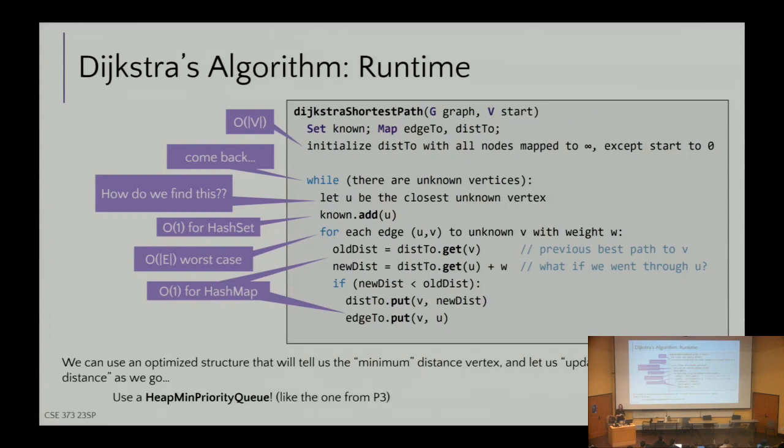Can anyone remember the runtime for remove min from a priority queue using a heap underneath? Yeah? O of 1. Ooh, so to get min is O of 1, but then we might have to fix it. So you're absolutely right. Log n, absolutely. And if you're starting to pick up, anytime we have to do sorting, chances are logarithmic is going to run into our runtime. So, yes, we are going to use a heap min priority queue.